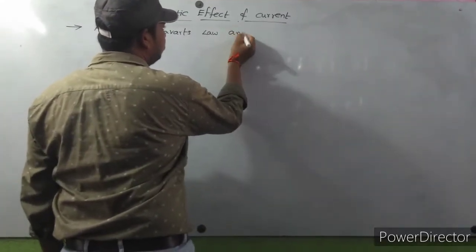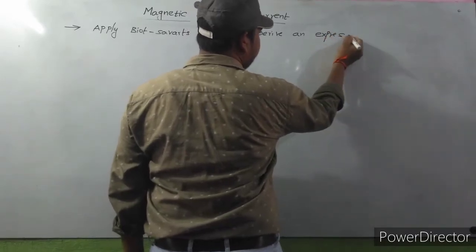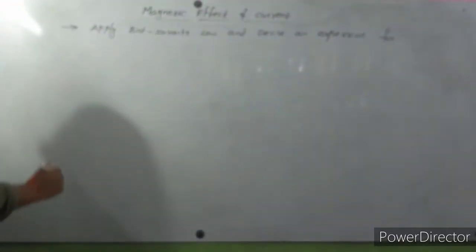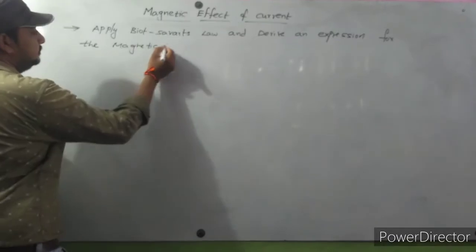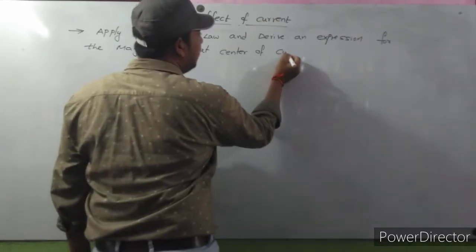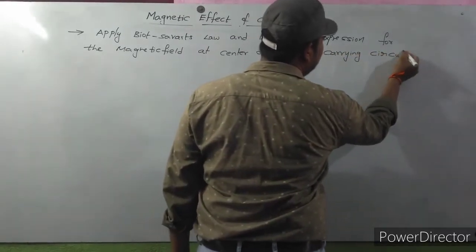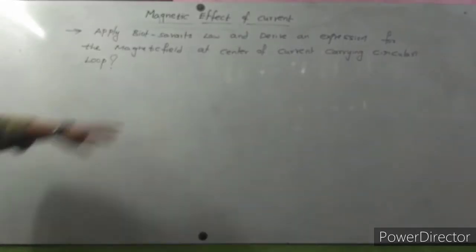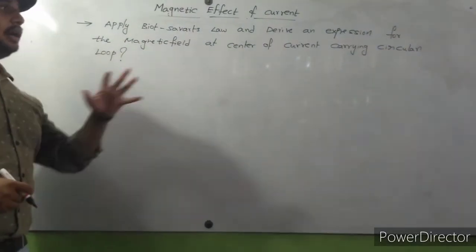Apply Biot-Savart's law and derive an expression for the magnetic field at the center of a current carrying circular loop.